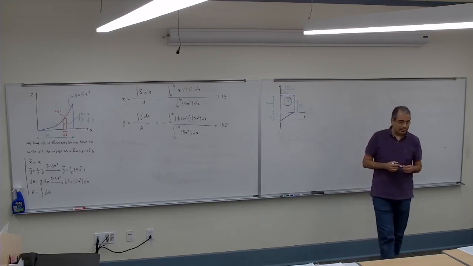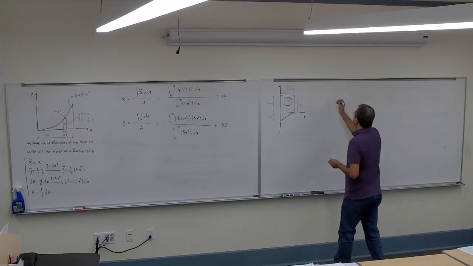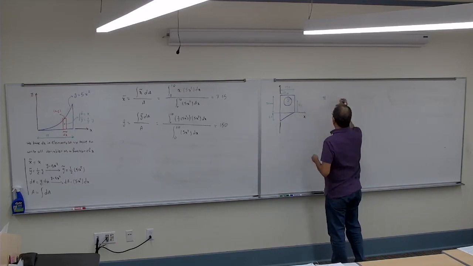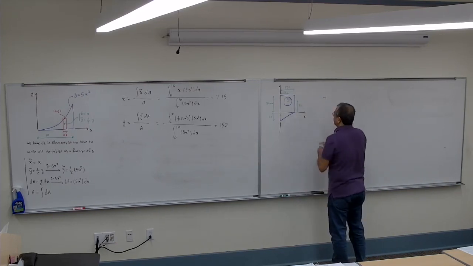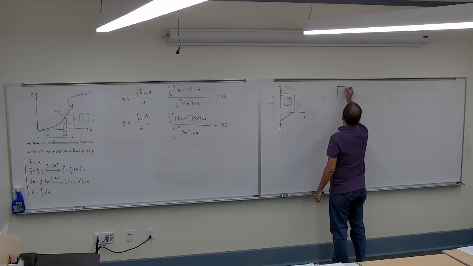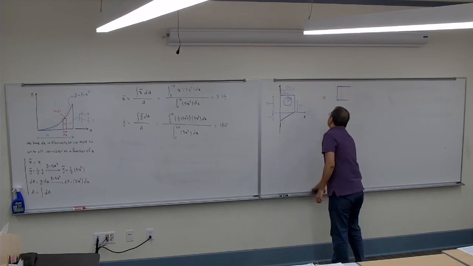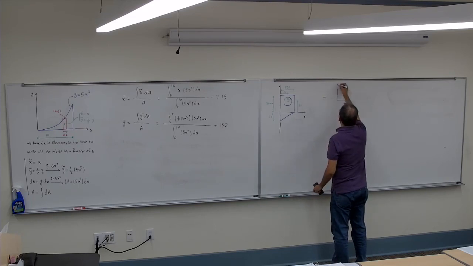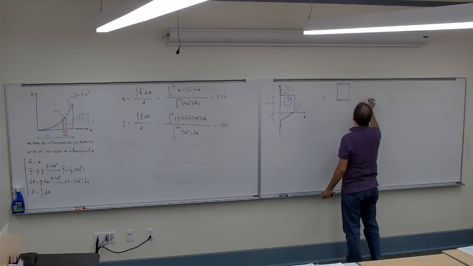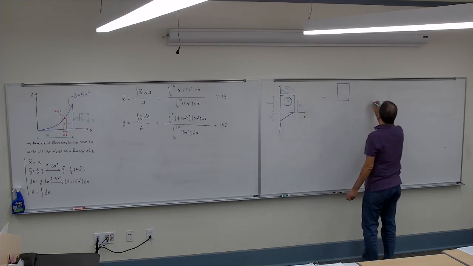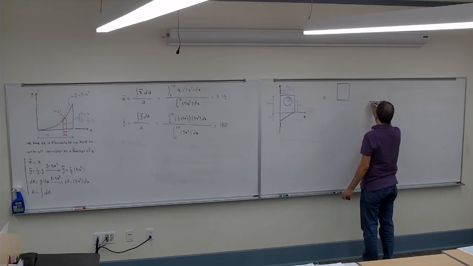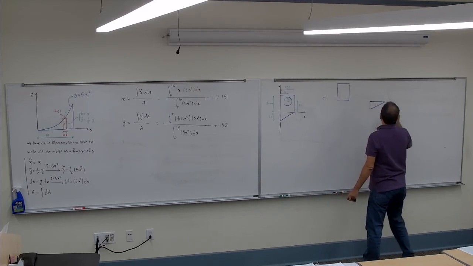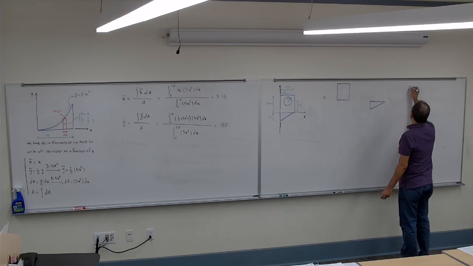I can go ahead and say this is equal to the rectangle, plus the triangle, minus the circle.